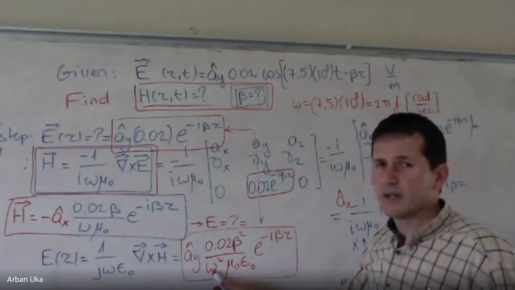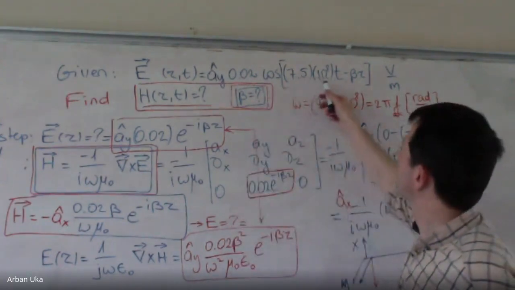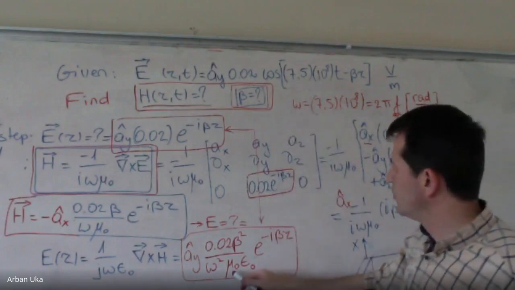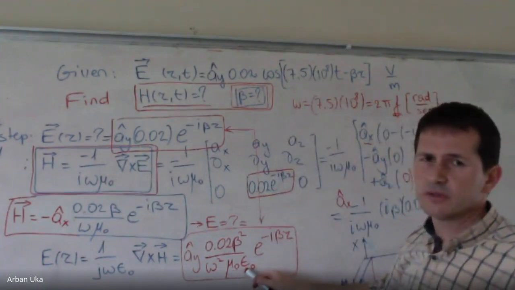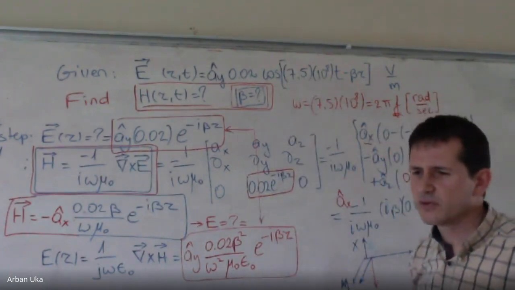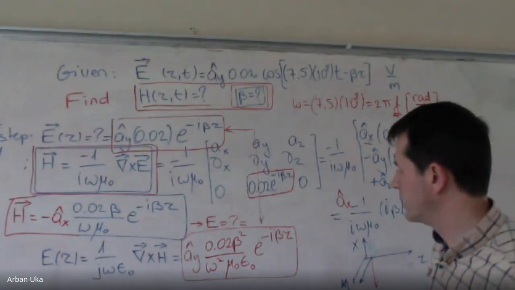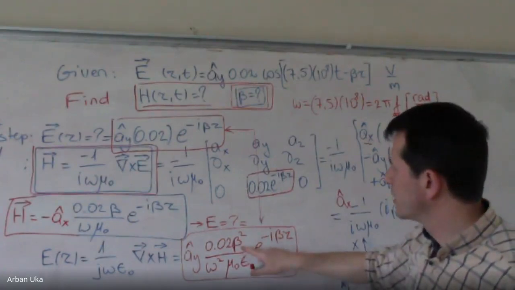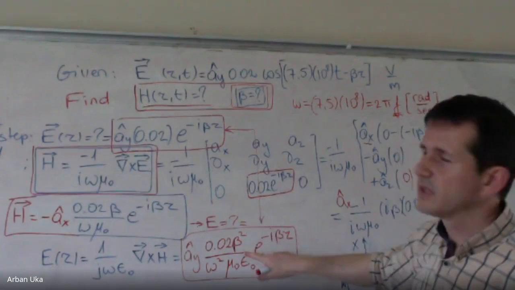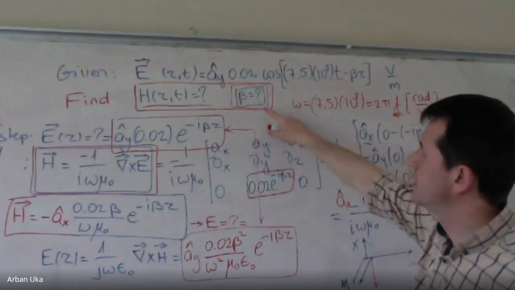We know omega; this was clear from here, we wrote it right away. We know mu zero, we know this value. They are the values for the vacuum or for air. So the only thing that we don't know is the beta, which was the question for us here.